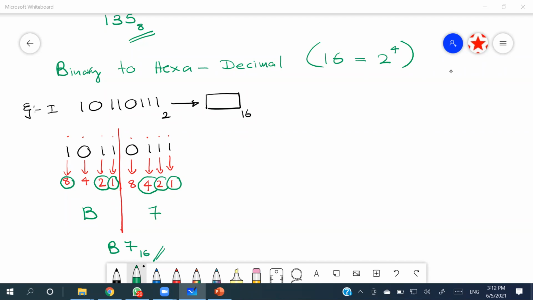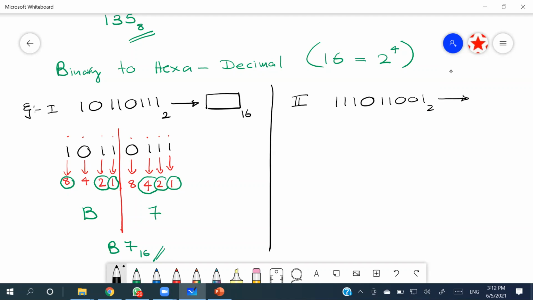Let's do another in a very quick manner. Here goes the second one: 1, 1, 1, 0, 1, 1, 0, 0, 1. Okay, that is enough. This is binary to hexadecimal.